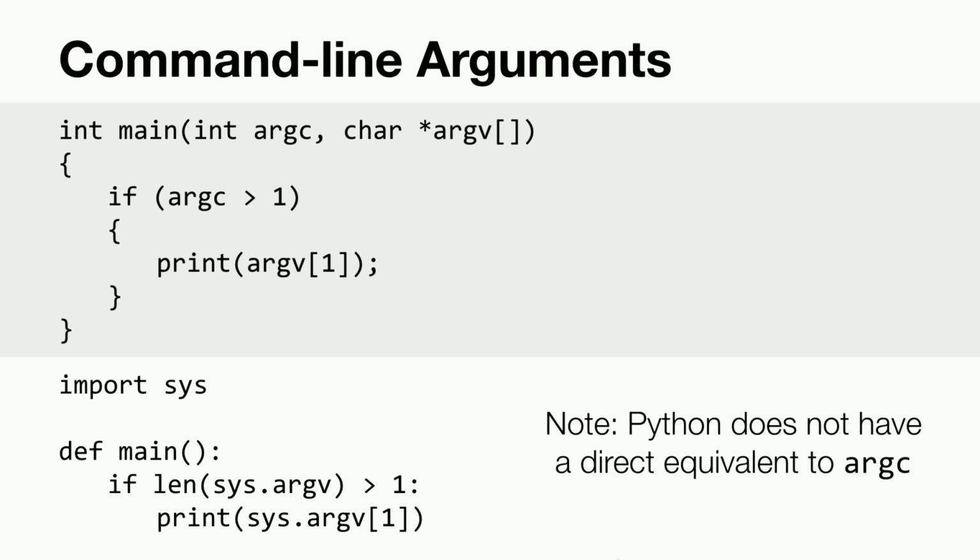Sys does not have in Python a direct equivalent to argc, which is the argument count. However, we can still very easily get the number of arguments by just taking the length of sys.argv. And as I was just saying with importing libraries, if I just imported sys and I wanted to use argv, then I have this notation here, sys.argv, to get that.